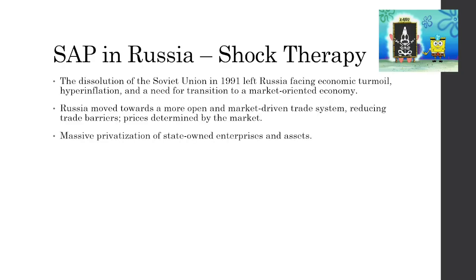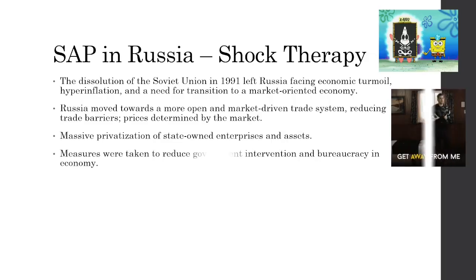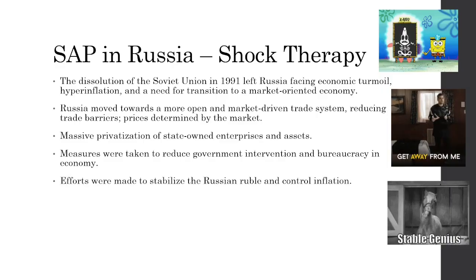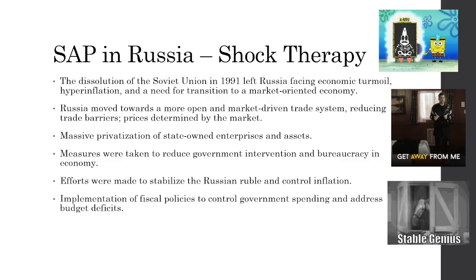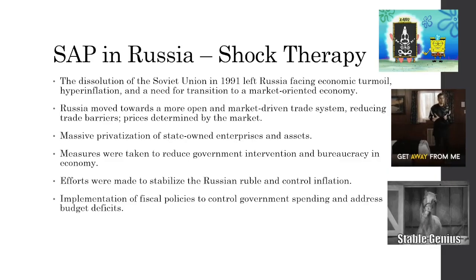They had massive privatization of state-owned enterprises and assets. They reduced government intervention and bureaucracy in the economy to lead to more efficient and less government-involved processes. There were also efforts to stabilize the currency and control the inflation and bring back that purchasing power. They also put in fiscal policies. Fiscal policies deal with government spending, and they also wanted to address budget deficits.